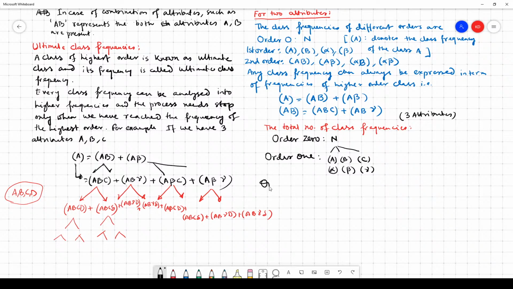Again, order 2: alpha C, beta C, and this is alpha beta, alpha gamma, beta gamma, and order 3.